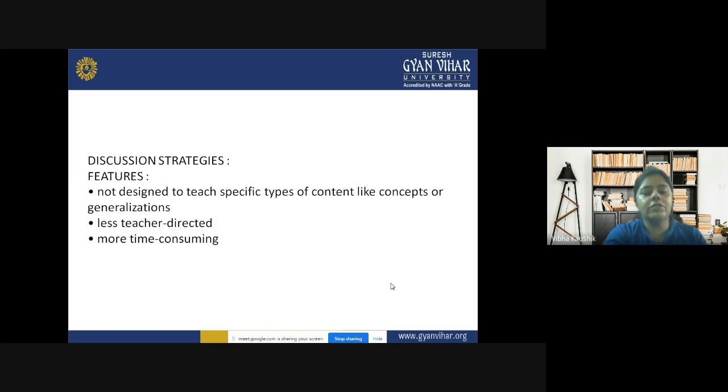Discussion strategies feature: not designed to teach a specific type of content like a concept or generalization, less teacher directed, more time consuming.